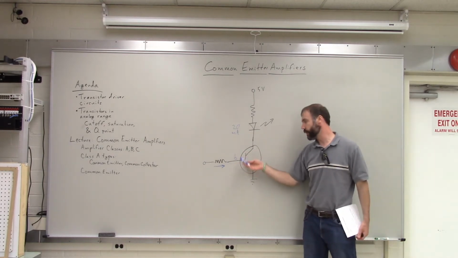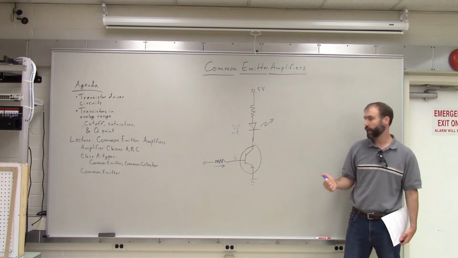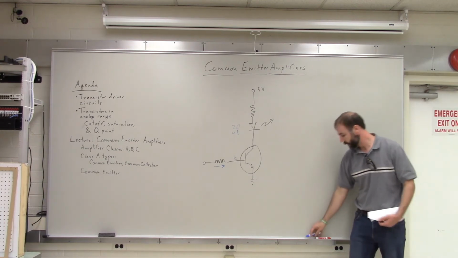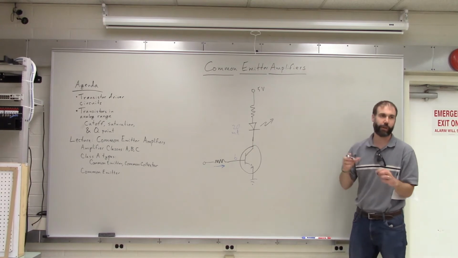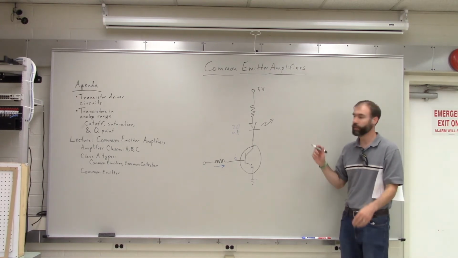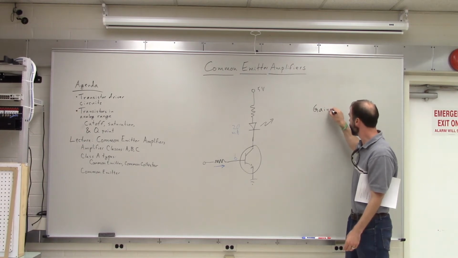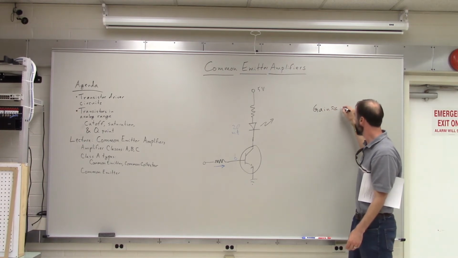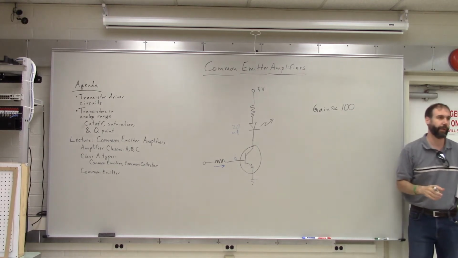And we did this by using that formula, that gain formula. Remember, we said that the gain of the transistor was somewhere around 100 to 200, right? Usually. So we'll call it 100 for ease of the math.